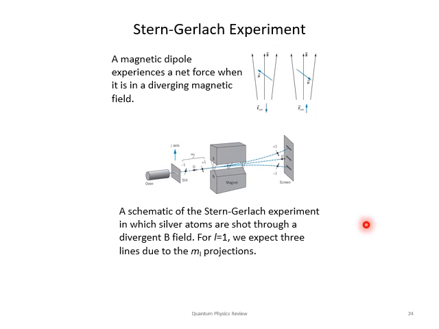And now the question is, what is actually going to be observed? If the angular momentum is 1, we expect 3 separate lines due to the projection of the angular momentum onto the z-axis, the axis of the magnetic field. 3 possible projections, 3 separate lines.